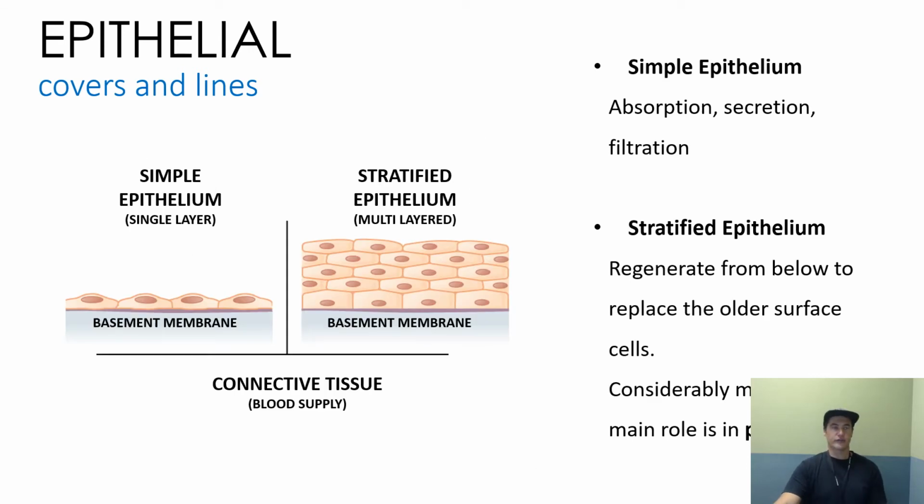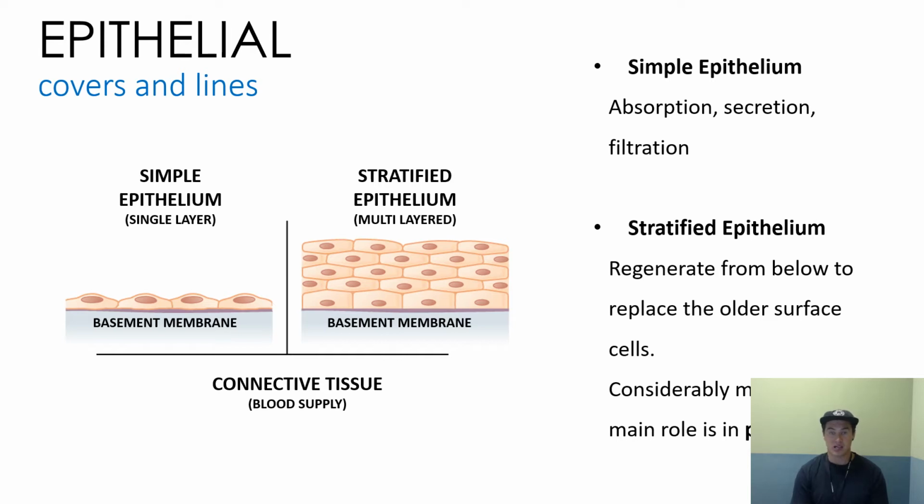We can also define epithelial tissue based on its structure in terms of how many layers it's made up of and the shapes of the cells that make up epithelial tissue. So 2 things to understand: we have simple epithelium, which just means one layer of cells.